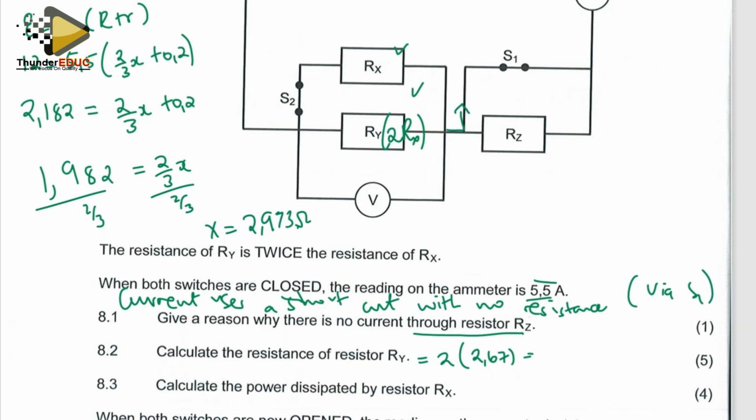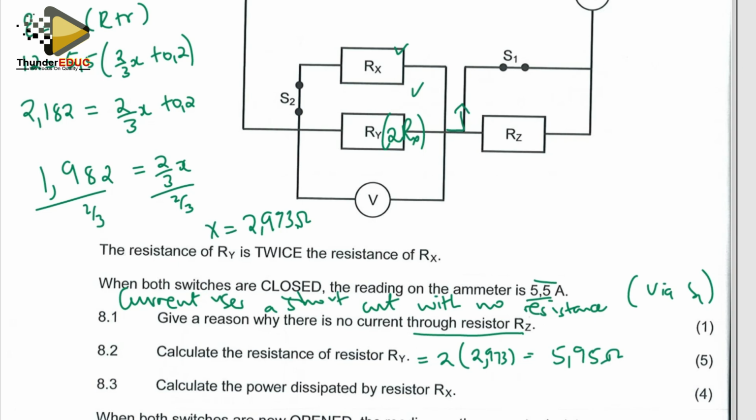So I need to multiply this 2,973 by 2, which gives me 5,95 ohms.